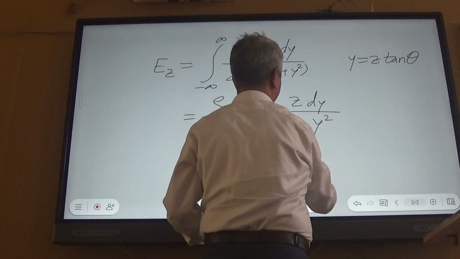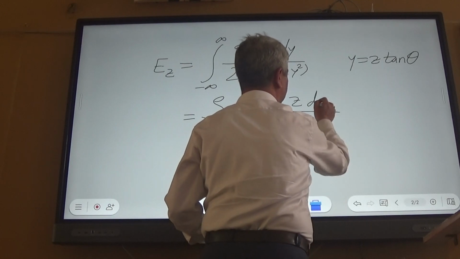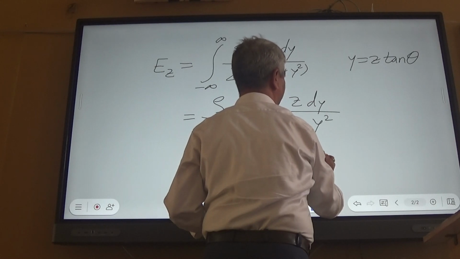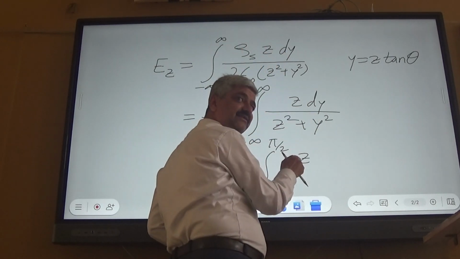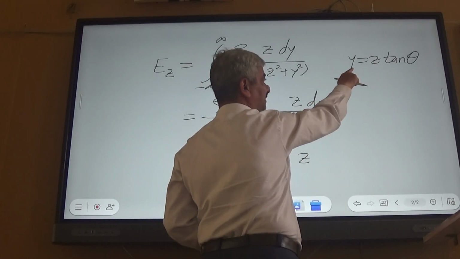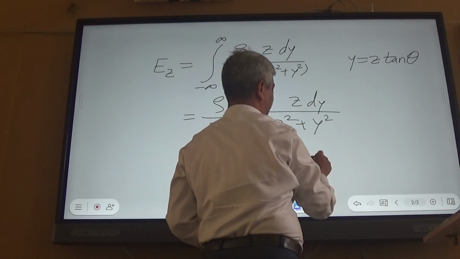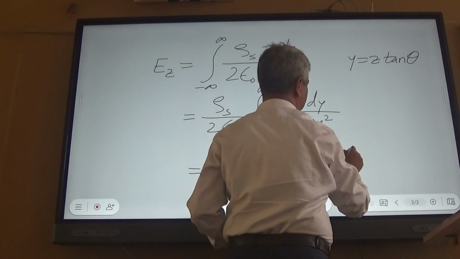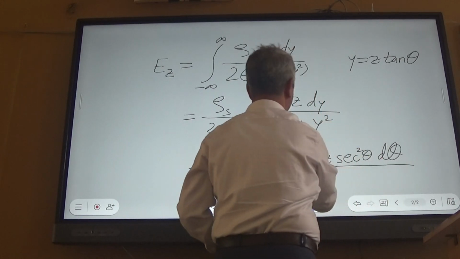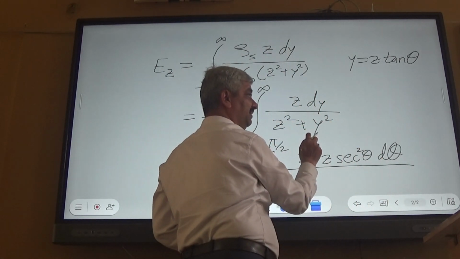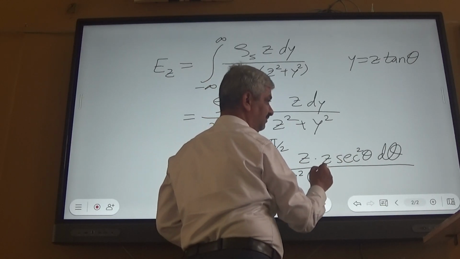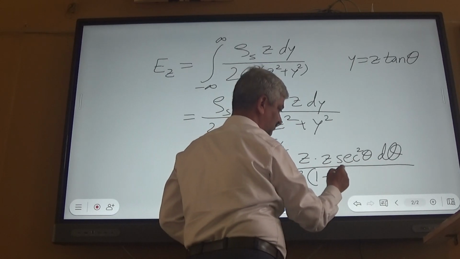Z dy is, so this is Z here, Z as it is, and Y equal to Z tan theta. So dy equal to Z sec square theta d theta upon Z square plus Z square tan square theta. So Z square comes out into bracket 1 plus tan square, it is sec square itself.